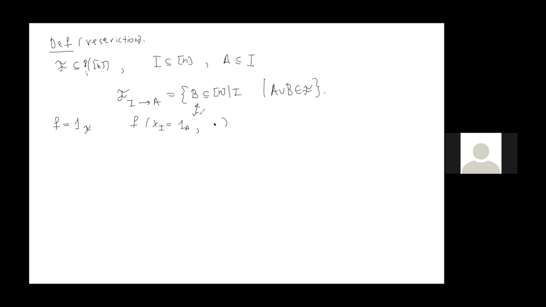And so let's see a quick example. So let's take our dictatorship function. For that, if, for example, we look at the first variable and restrict it to be inside, then we get everything.